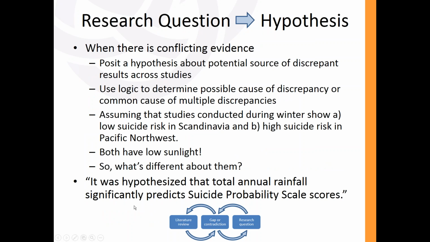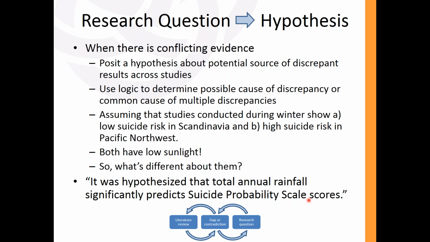Well, if I read a study that showed that there was high suicide risk in the Pacific Northwest, but relatively low suicide risk in Scandinavia, and I know that there's more rain and more cloud cover in the Pacific Northwest, then I could make this hypothesis even stronger and predict that total annual rainfall significantly predicts increased suicide probability scale scores, right?